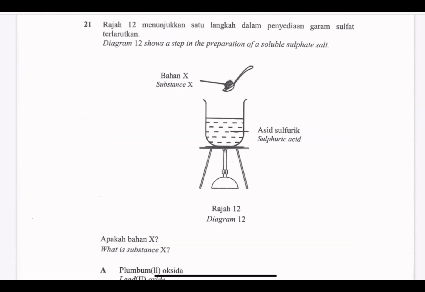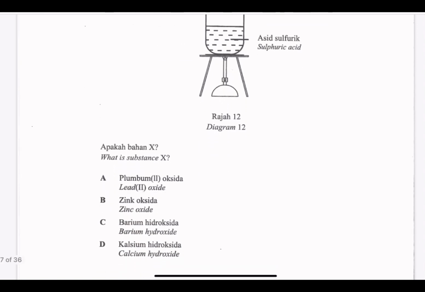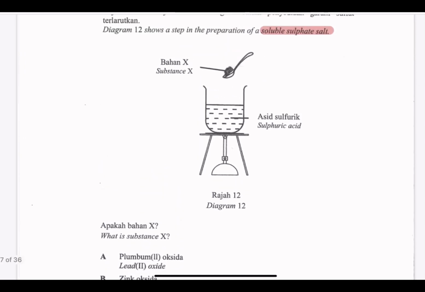Question 21. Preparation of a soluble sulfate salt. What is substance X? From the diagram, sulfuric acid and substance X are given. For preparation of soluble salts, we divide into 2 groups.